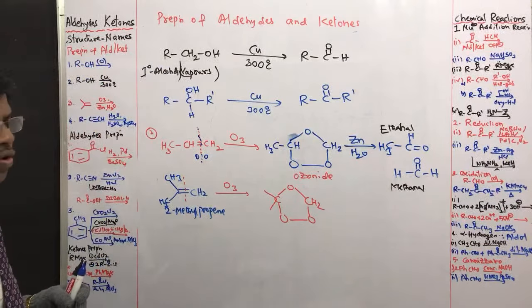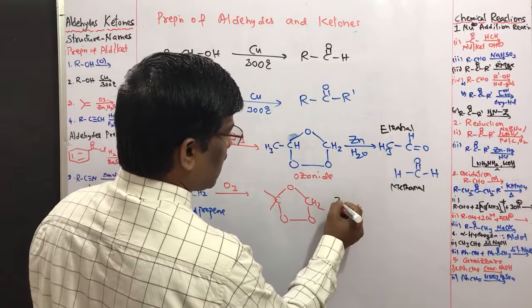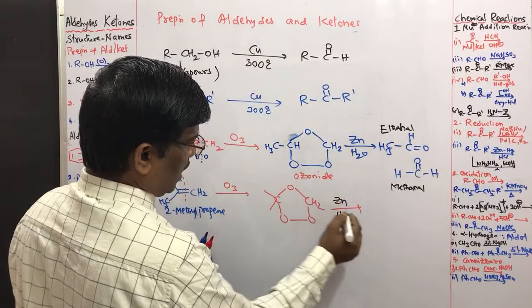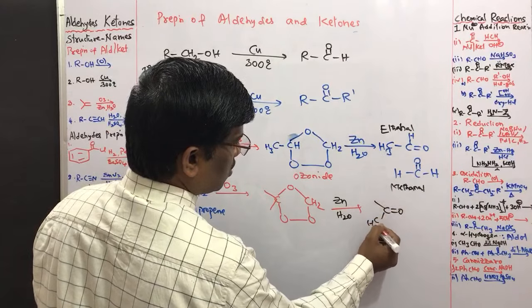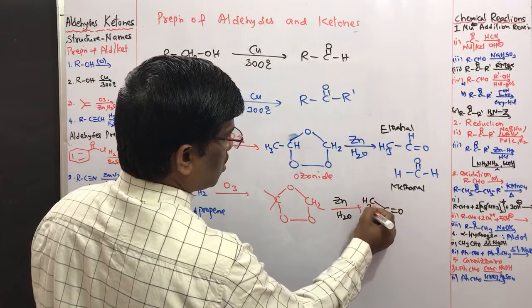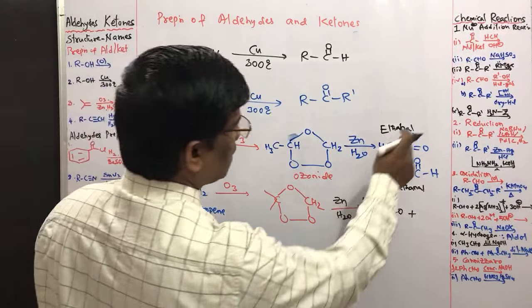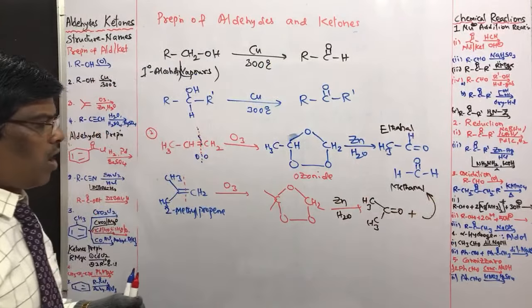This is ozonide, and when we treat this ozonide with zinc and water, it is going to break to give acetone, and on this side what are we going to get? Methanal, that is formaldehyde.